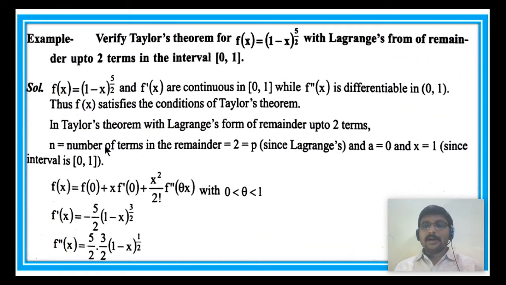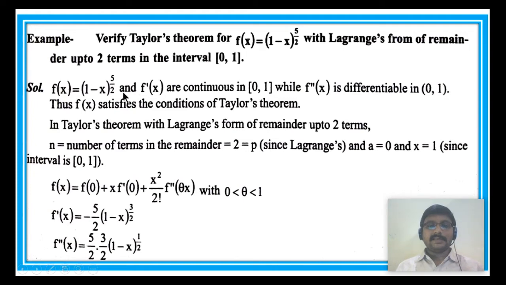Now, applications of Taylor's and Maclaurin's theorem. The problem is: verify Taylor's theorem for the function f of x, defined as (1 minus x) whole to the power of 5 by 2, with Lagrange's form of remainder up to 2 terms in the closed interval 0, 1.